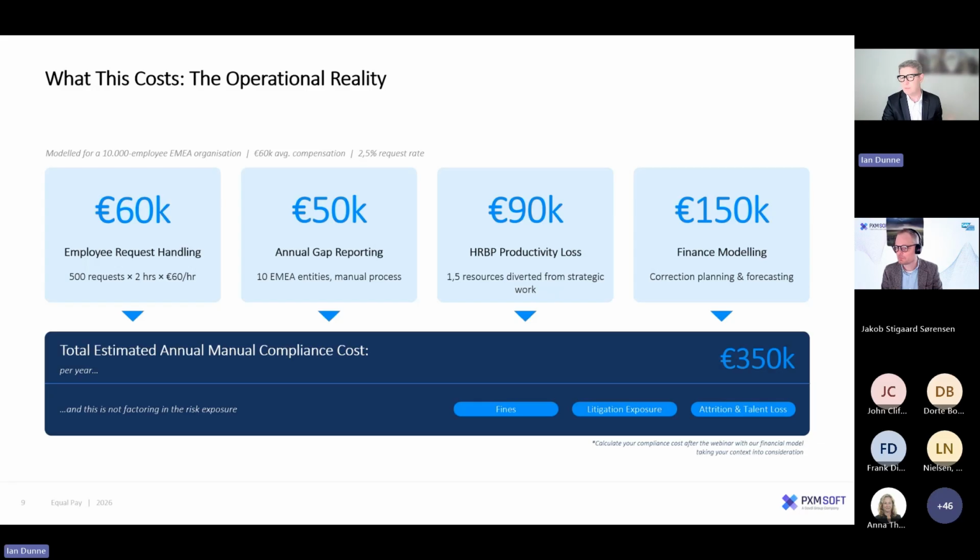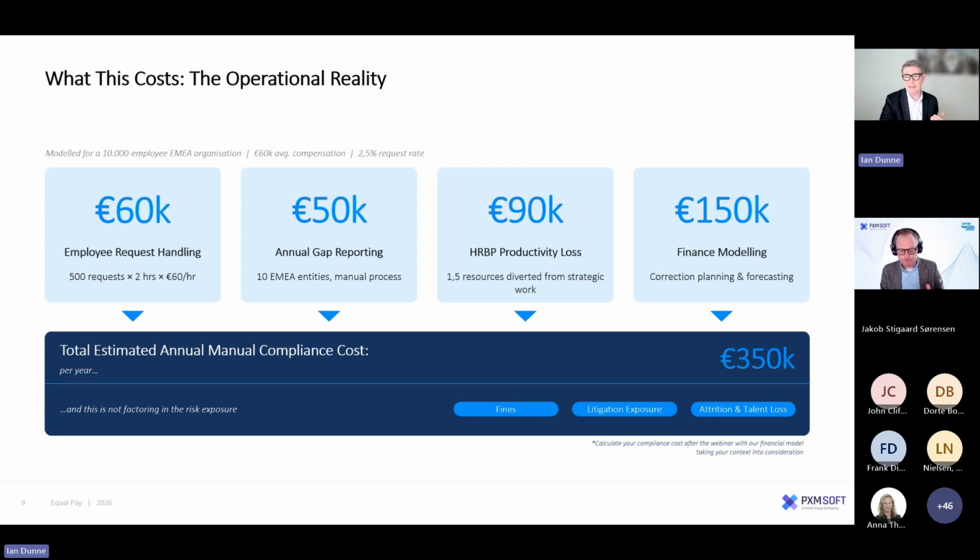So the model is built for a 10,000 employee EMEA organization with an average compensation of 60,000 and a 2.5% employee request rate, right? We actually believe, but we didn't want to be over-pushing this, that if you look at the average pay gap at 12%, more than 2.5% of employees will request a report.